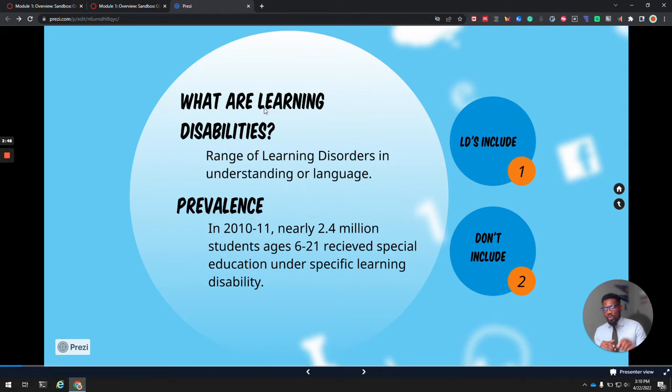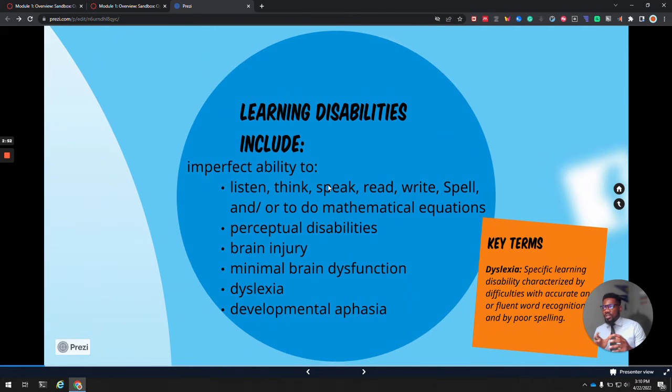But one thing I want to point out clearly here is that learning disabilities include imperfections in thinking, in listening, in speech, in spelling, and they can occur as a result of brain injuries, minimal brain dysfunction, dyslexia, developmental aphasia, and some of these natural causes.